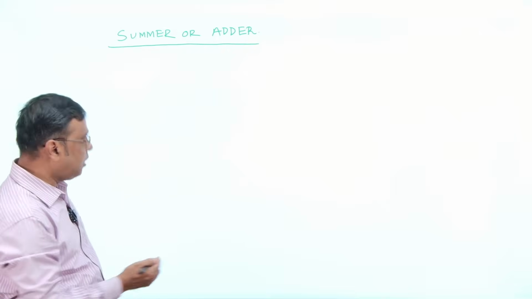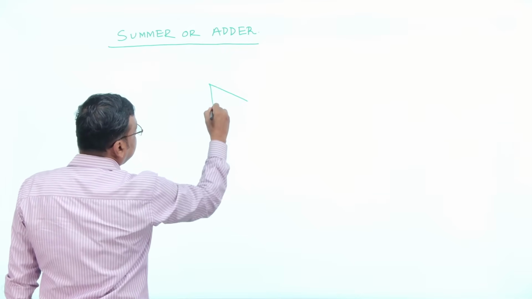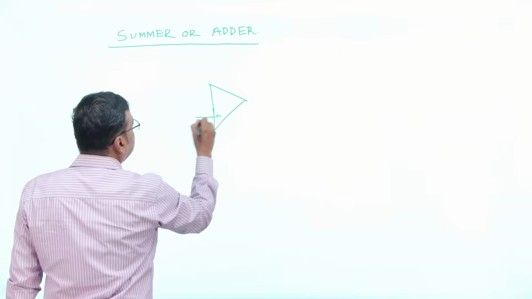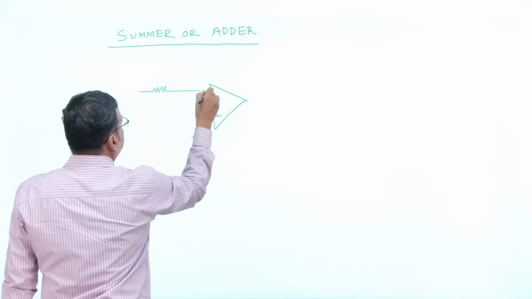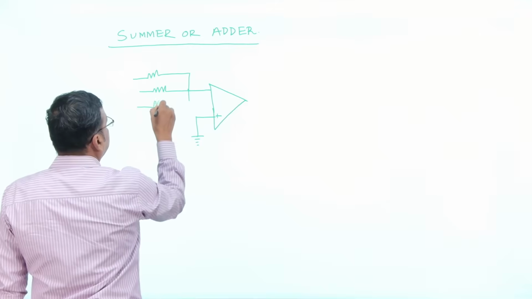In the case of a summer or adder, the circuit is like this. The non-inverting terminal, the plus terminal, is grounded, and there are a number of resistors.